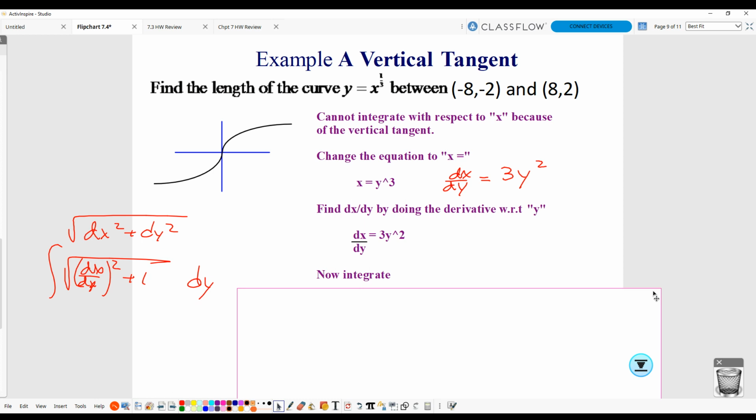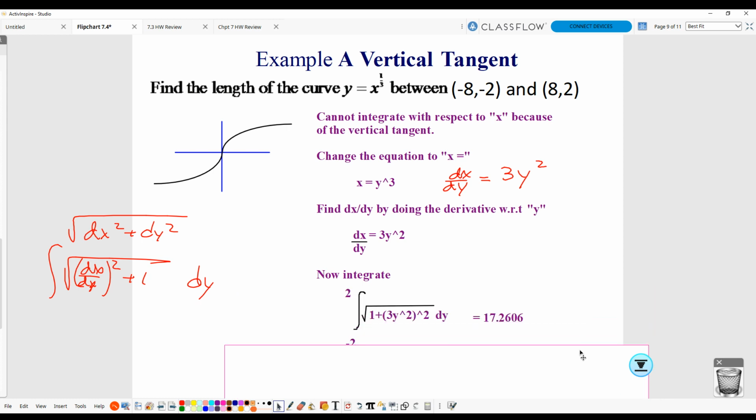So then we're going to integrate, and what are we going to set up? From -2 to 2, so the y values are -2 to 2, and what's under? 1 plus 3y squared, all squared. Okay, 3y squared all squared, so 9y to the 4th plus 1 all under the square root.